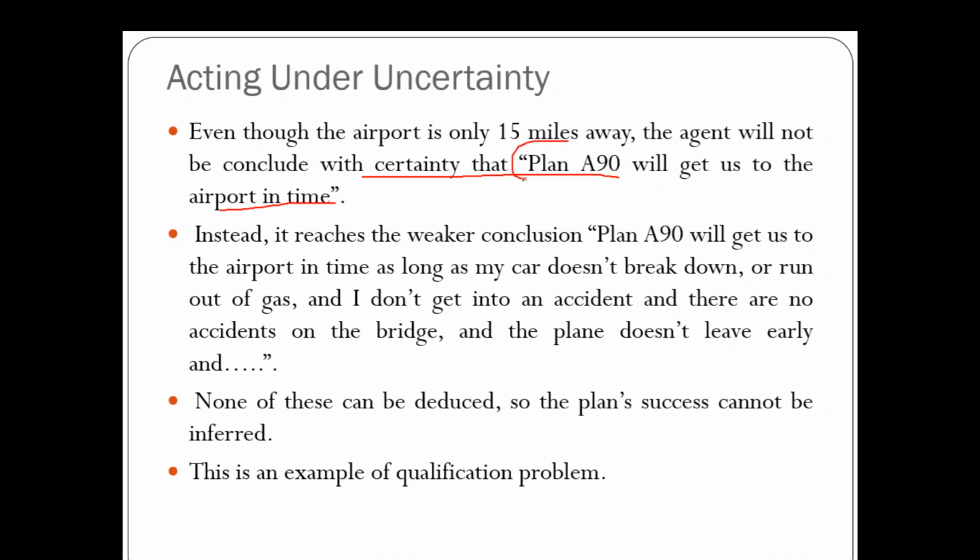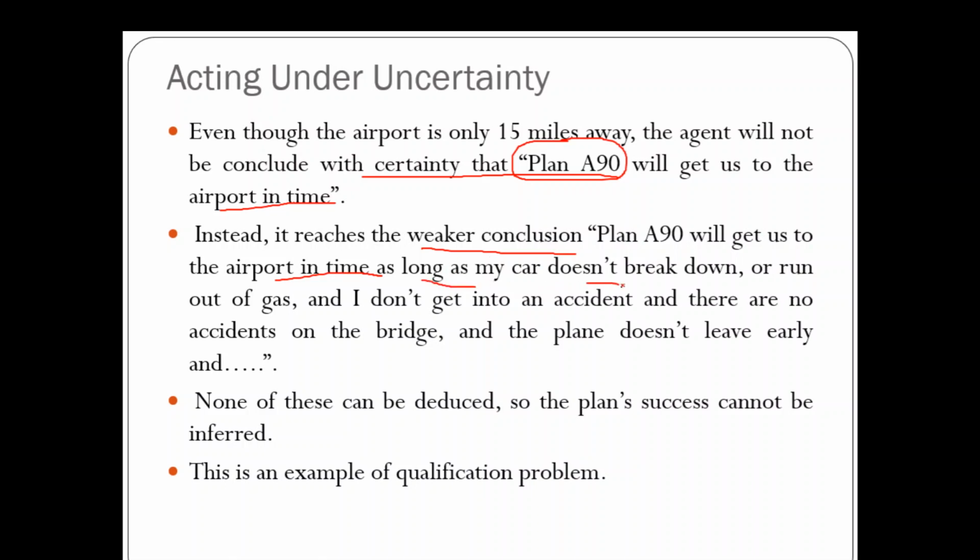That is, it will be able to take the person to the airport on time. But it cannot always arrive at that conclusion. So it will arrive at a weaker conclusion, which says that plan A90 will get us to the airport in time as long as it puts many conditions.